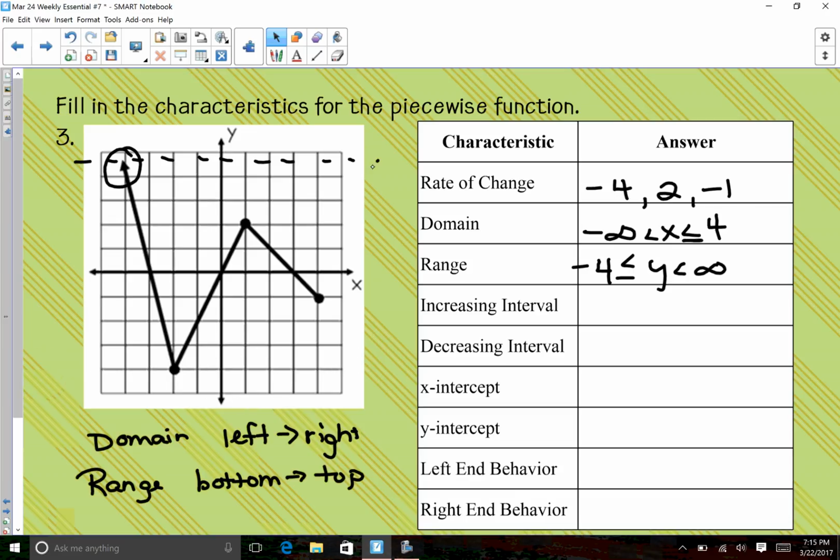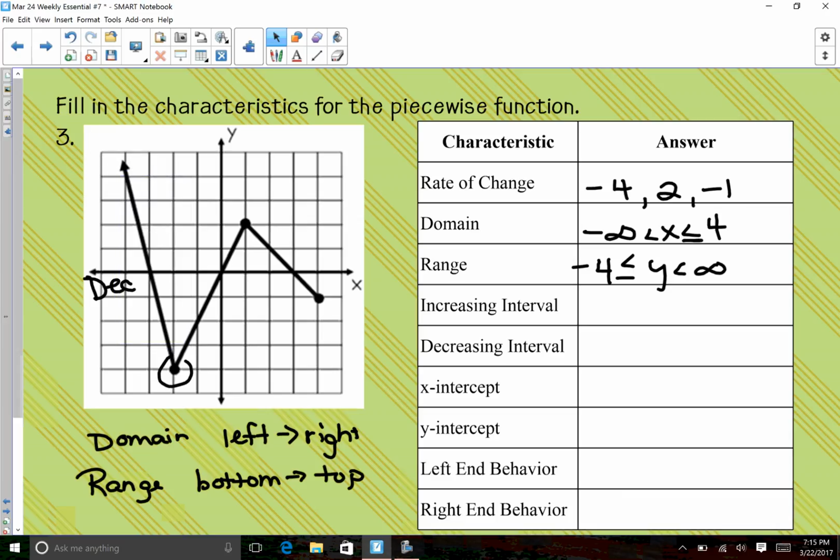Now, for increasing and decreasing, notice we have a mixture here. If I start on the left of my graph and I trace that graph, notice that my pen is going down. So this is decreasing. Then I'll stop at this point. If I continue to trace, I'm going to erase that part.